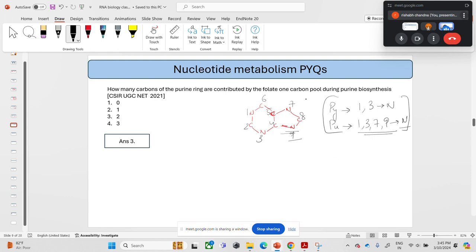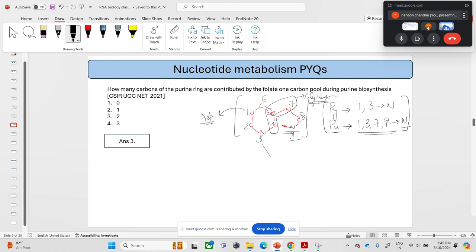Now, in this purine ring, the first nitrogen, as we saw, is provided by the aspartate residue. The fourth, fifth carbon and the seventh nitrogen are provided by the glycine amino acid.